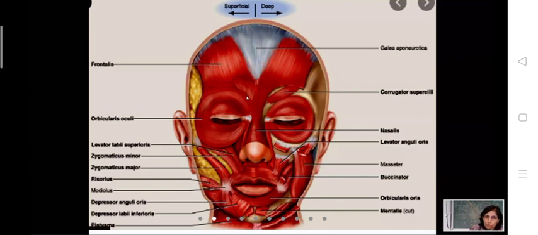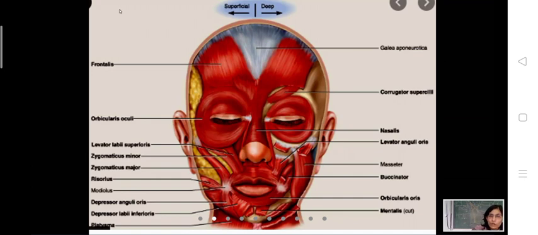Rest, you should know about the orbicularis oculi muscle in detail, second, the orbicularis oris muscle in detail, and the buccinator muscle in detail, that is their origin, insertion along with their function. Whereas in the rest of the muscles, you can omit the origin, insertion, and the other details, and simply remember the function of that particular muscle.